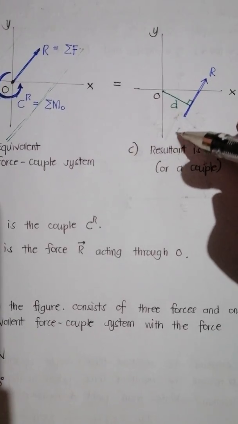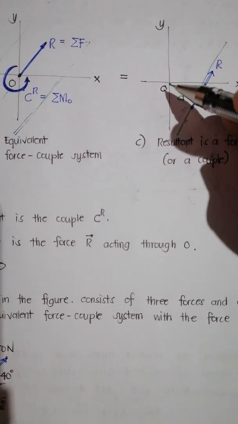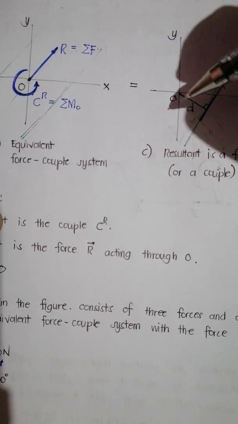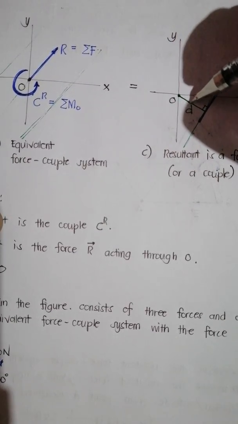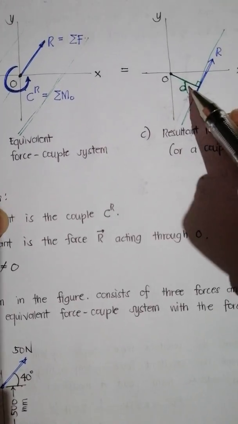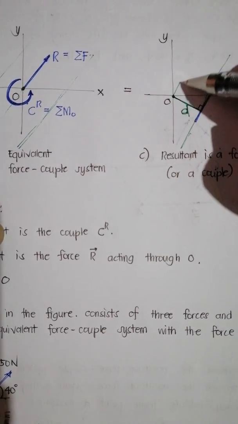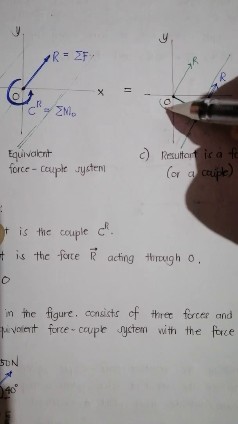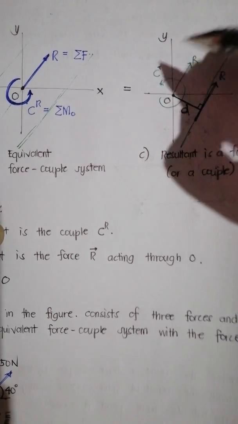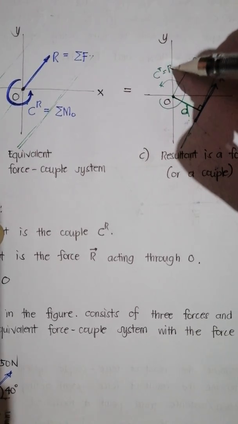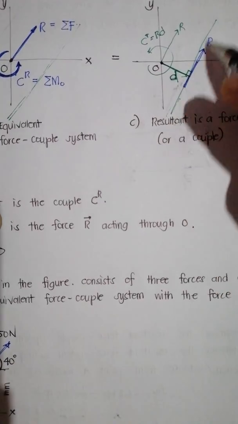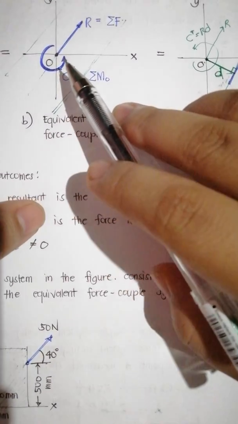So, let's say andito na siya to a certain line of action. That the transfer has a perpendicular distance from point O, which is in the form of D. So that, kung ibabalik natin siya dito, let's say, andito na siya, meron siyang couple of transfer na ma-form. And itong couple of transfer na ito, okay, that is equal to the resultant R times the perpendicular distance D, which is simply the moment of the original force about point O. So, equal na siya dito.